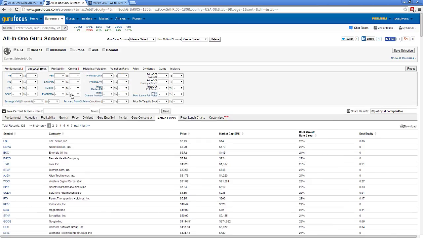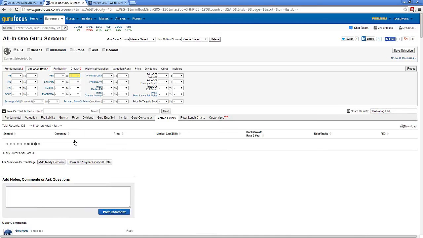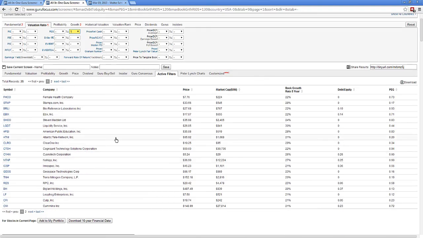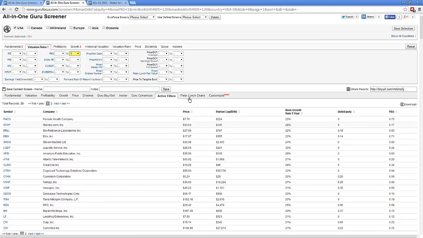You can go to the valuation if you want to find them trading at an earnings multiple less than their growth rate. So you want to say maybe a PEG max out at 1. And you can quickly begin to find companies that are meeting his fundamental criteria: stocks that are fast growers, but also not trading at earnings multiples above that growth rate.